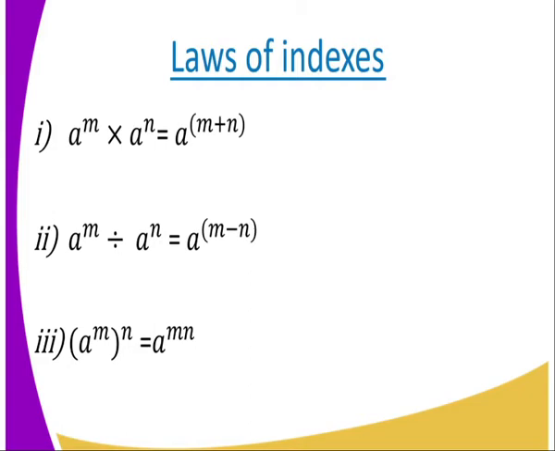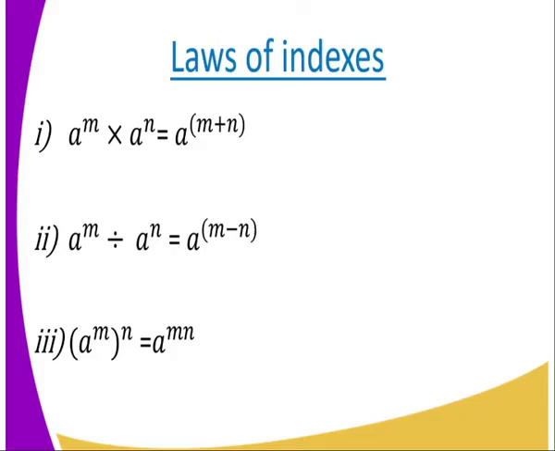Let us look at the laws of indices. A raised to power m times A raised to power n is equals to A raised to power (m plus n). We add the powers, and this is only done when the bases are equal. We go to Roman 2, the second one.